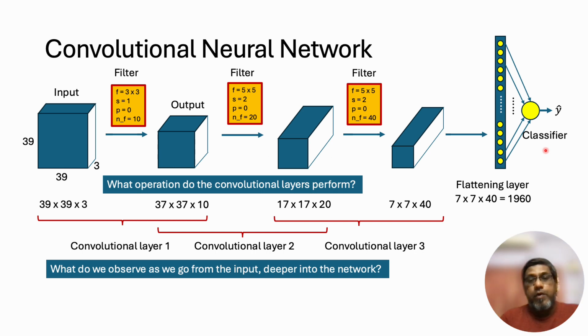So overall what we notice is that the dimensions of the image in terms of the width and height decrease as it goes through the convolutional layers, and the number of channels increases as it goes through the convolutional layers.